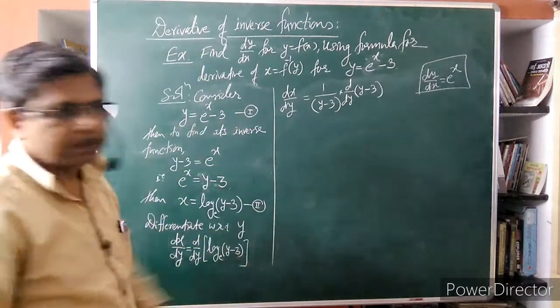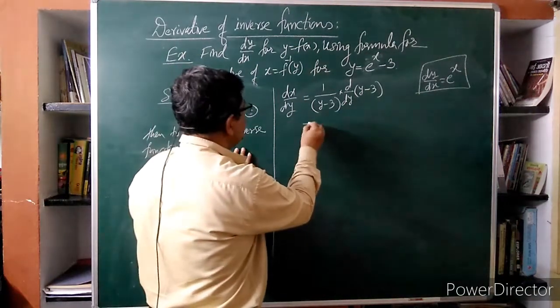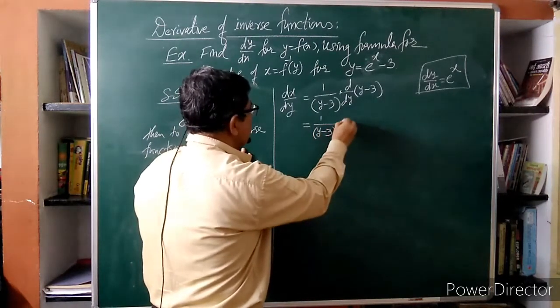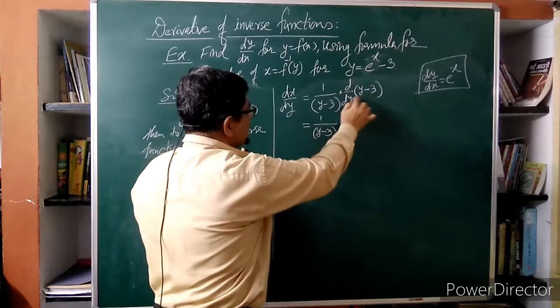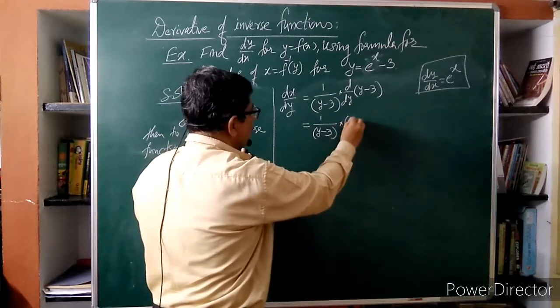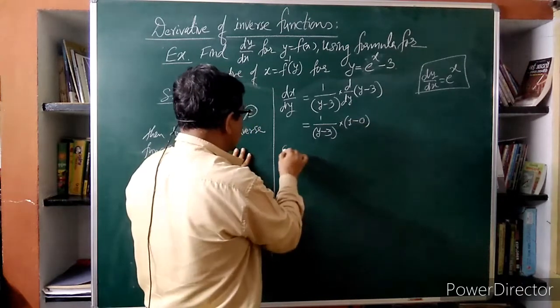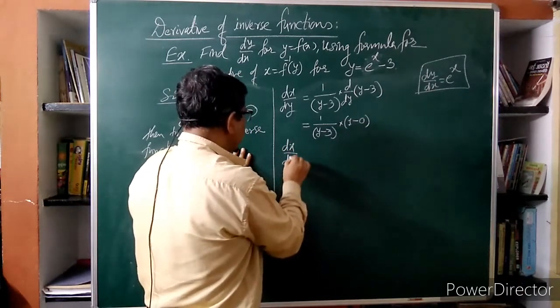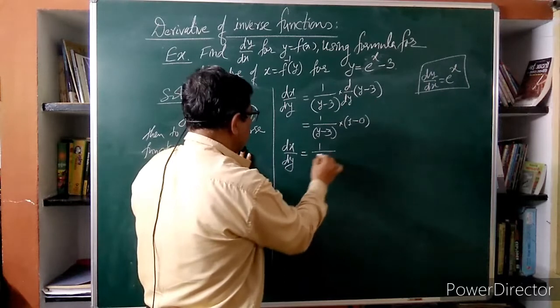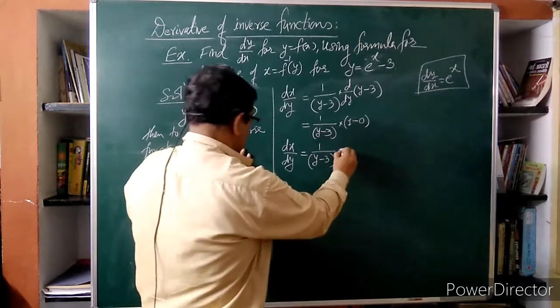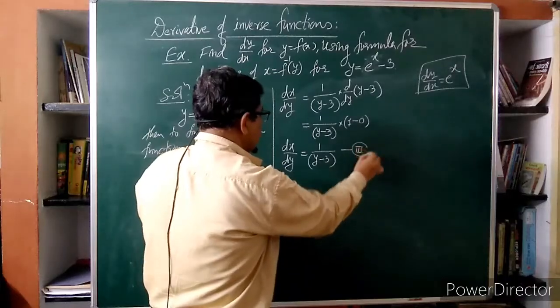So it is equal to 1 upon y plus 3 into, now differentiate these two separately. Derivative of y with respect to y is 1 plus derivative of 3 is 0. And so simply we are getting dx by dy is equal to 1 upon y plus 3. I will call this equation 3.